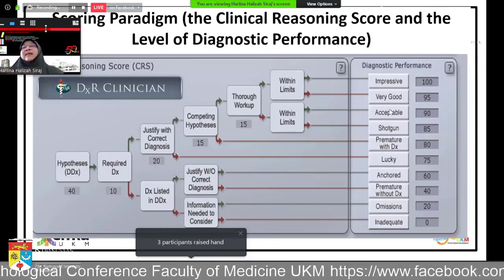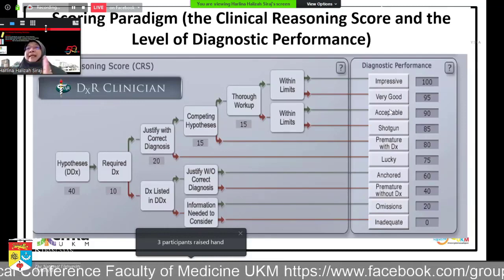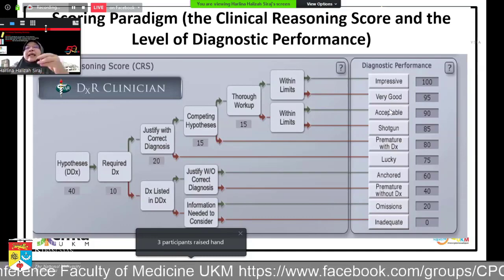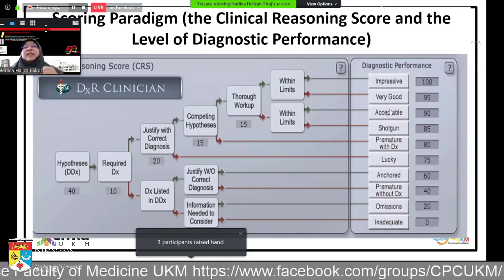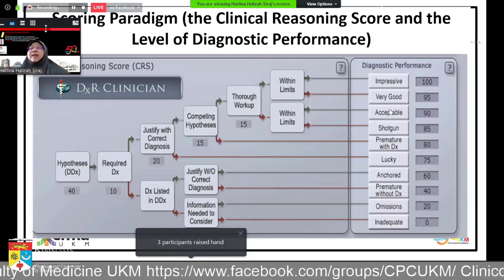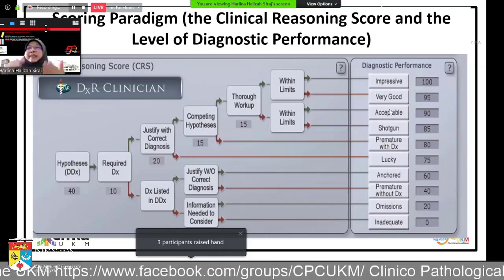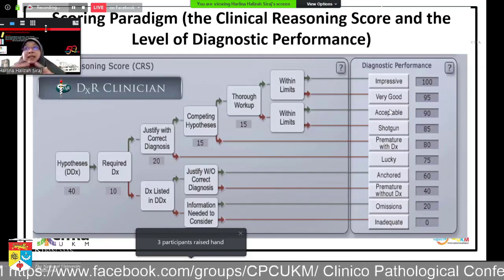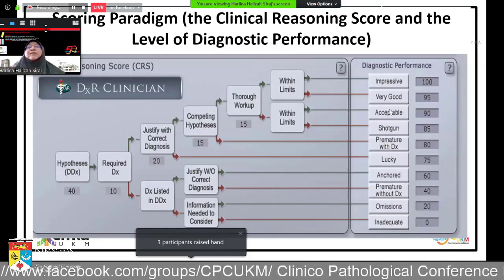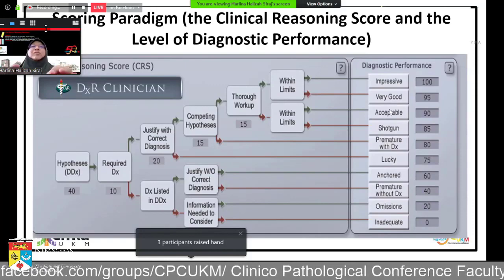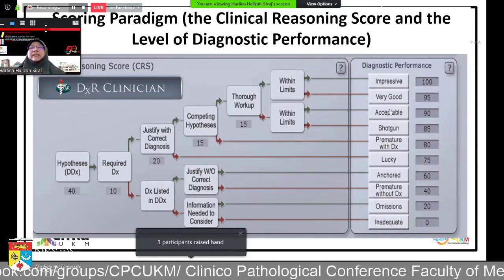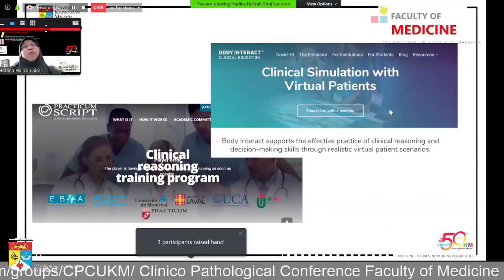Shotgun, premature, lucky, and then anchored. So you know that in the very beginning, they are already anchoring their diagnosis, premature, and omission and inadequate. So this will tell you the technology is there to tell you which among your students needs more assistance.